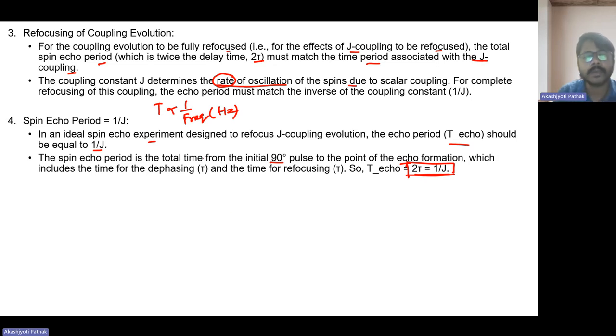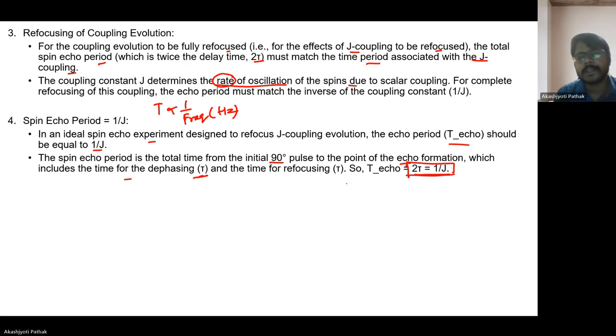The spin echo period is the total time from the initial 90-degree pulse to the point of the echo formation, which includes the time for dephasing, that is tau, and the time for refocusing. The spins dephase for time tau, and after applying the 180-degree pulse, which inverts the nuclear spins, they will refocus.